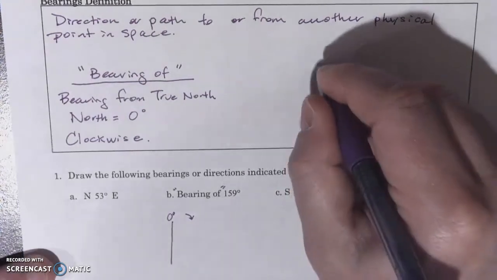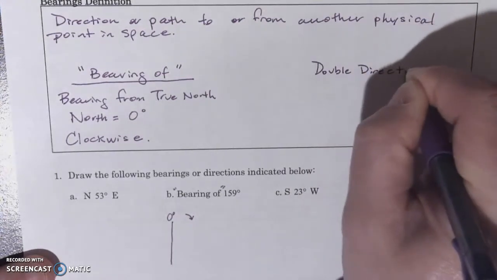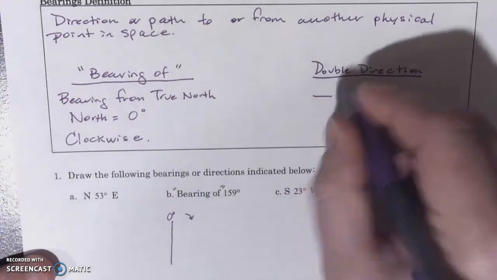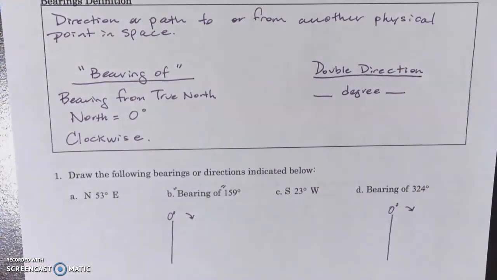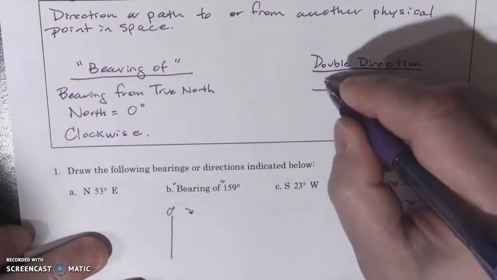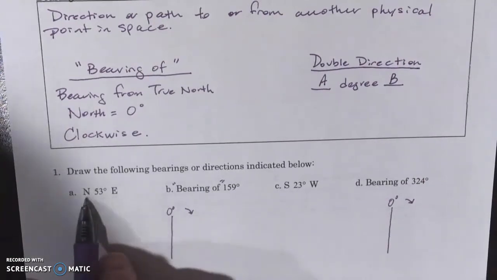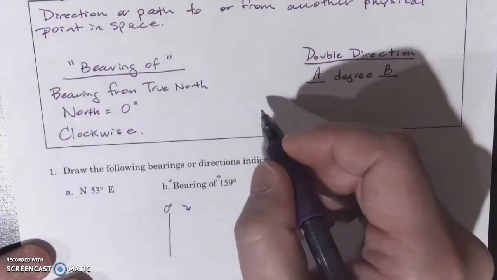And now we have our double direction, where we have two directions. Depending on what direction it is, you'll see down here we have a north and an east, we have a south and a west. Really, we read this almost backwards.